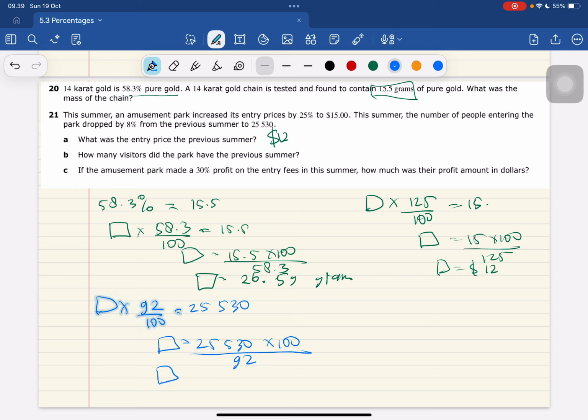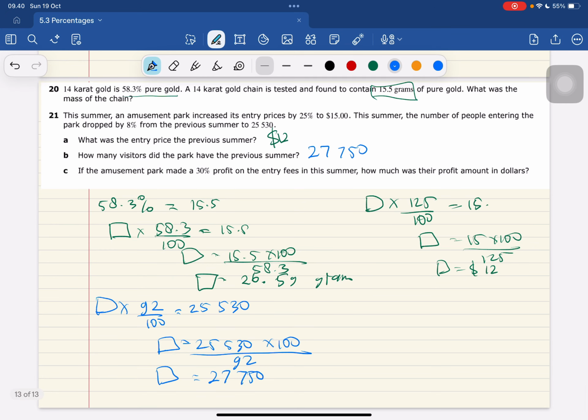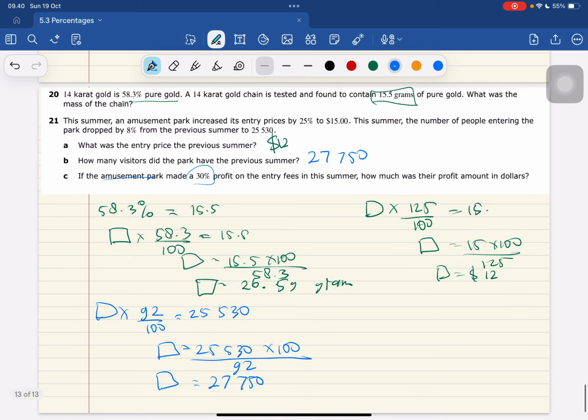This will give us the answer of 27,750 before the 8% decrease.